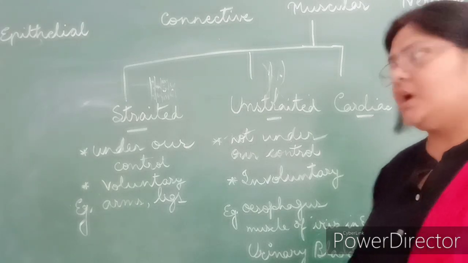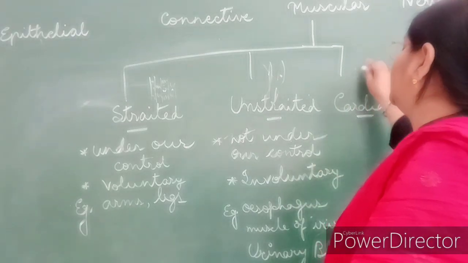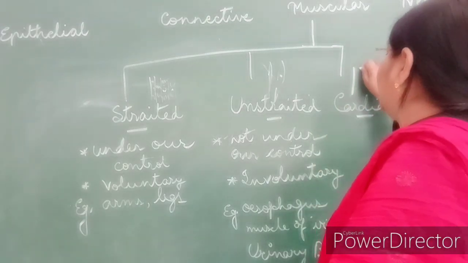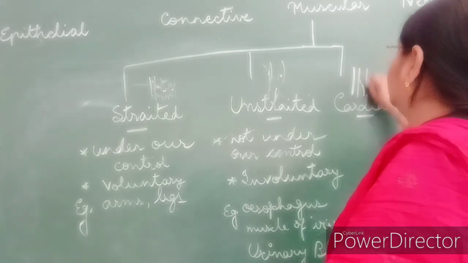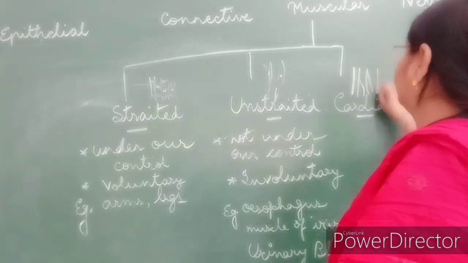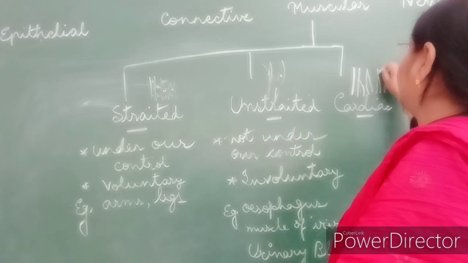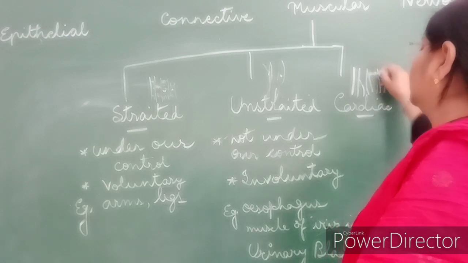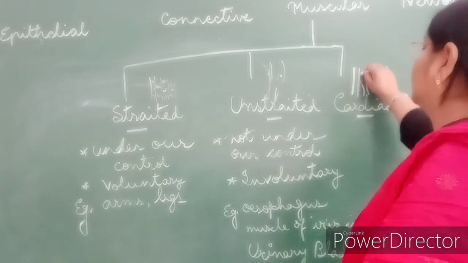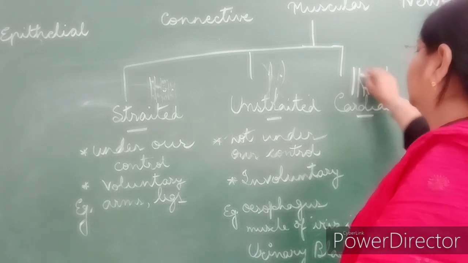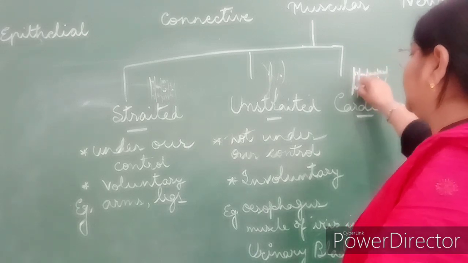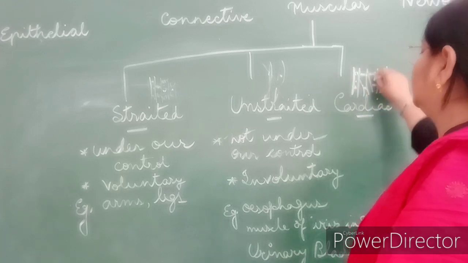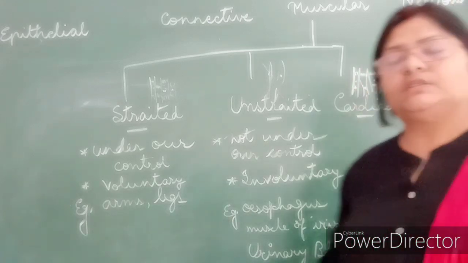Cardiac muscles are a special kind of muscles which have striations but are also branched. These lines that I was drawing are the striations or the dark bands.